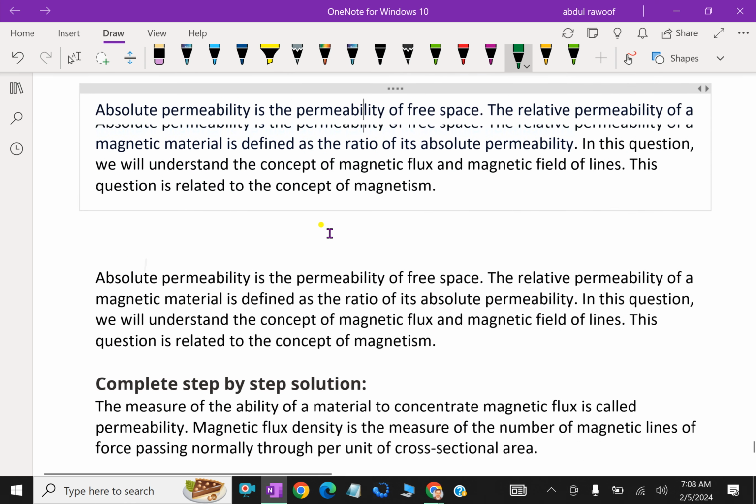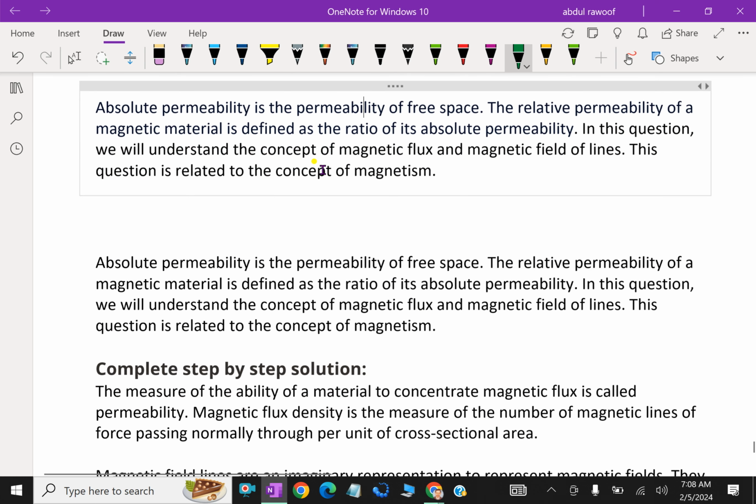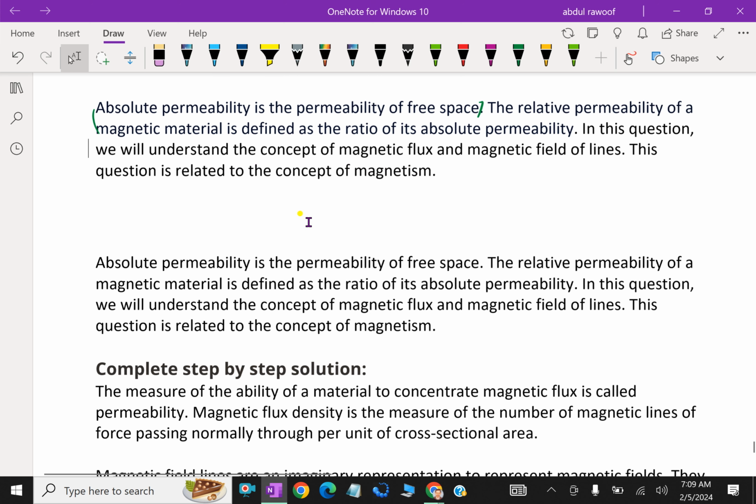Now, absolute permeability is the permeability of free space. The relative permeability of a magnetic material is defined as the ratio of its permeability to the absolute permeability. In this question, we will understand the concept of magnetic flux and magnetic field lines. This question is related to the concept of magnetism.